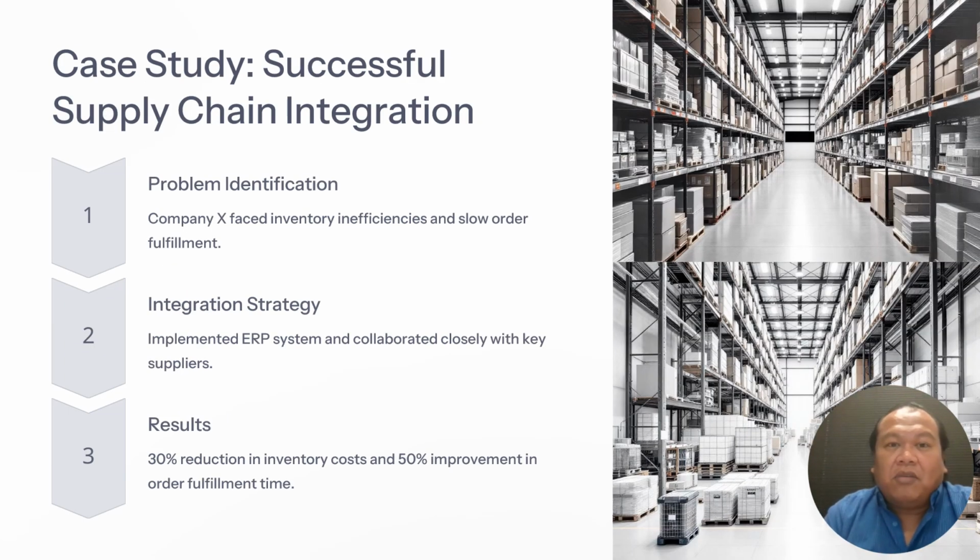So now, for this part, this is an activity wherein you are going to study or give me an example of a very successful supply chain integration. Number one, what you have to do is identify the problem. Give me the name of the company, their inventory inefficiencies and slow order, then the integration of ERP. So we implement the ERP system and collaborated closely with key suppliers.